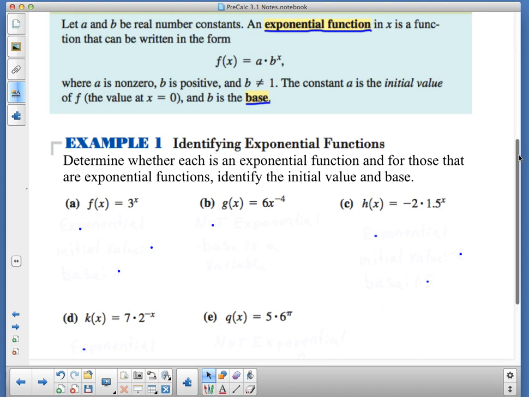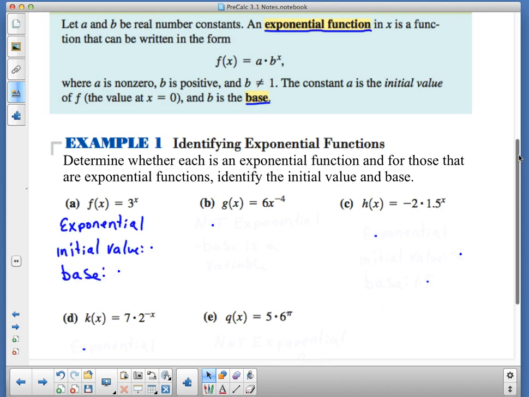Looking at a, it's raised to the x, and in the definition, b is raised to the x. So I've got an exponential function. I happen to have my initial value of a is 1, and my base value is 3.